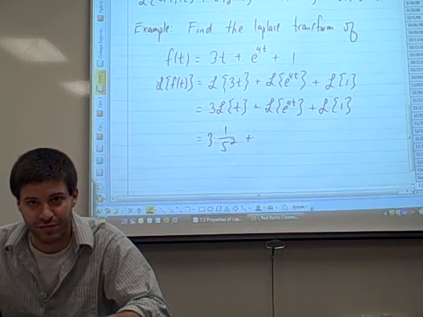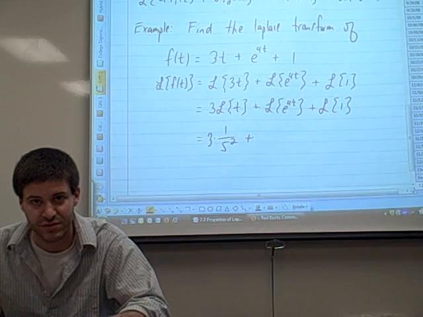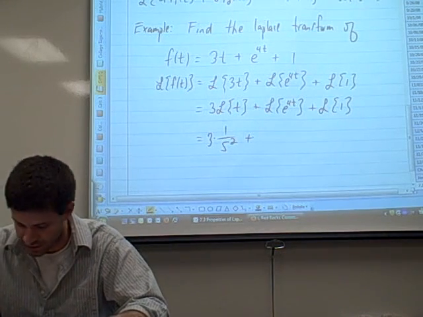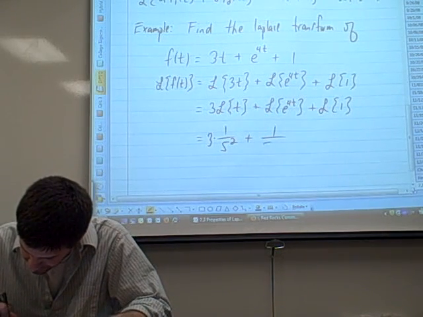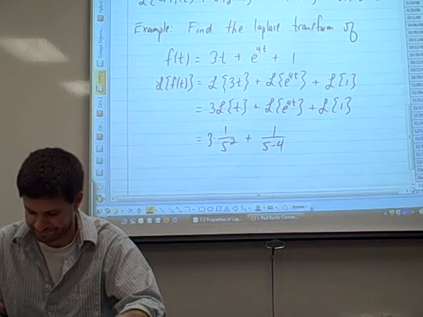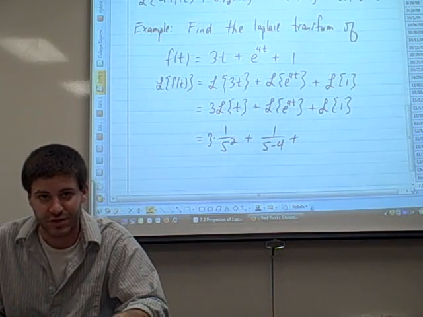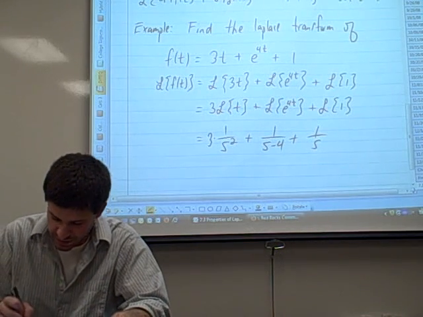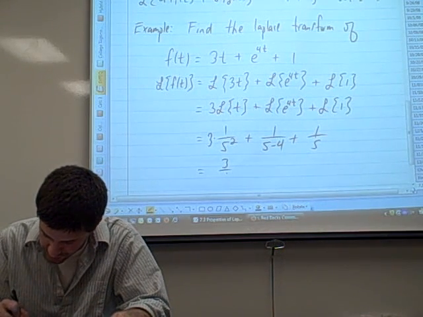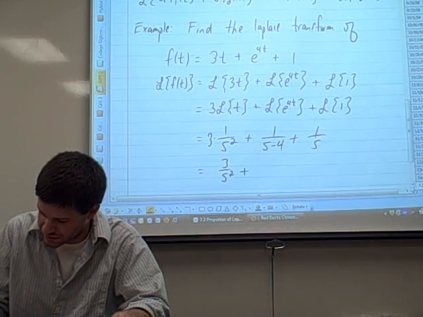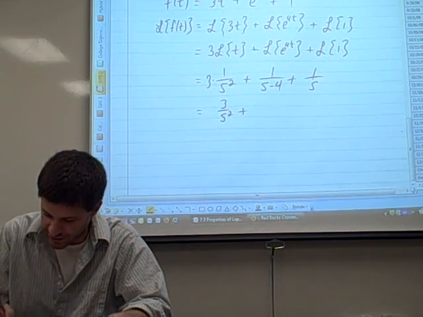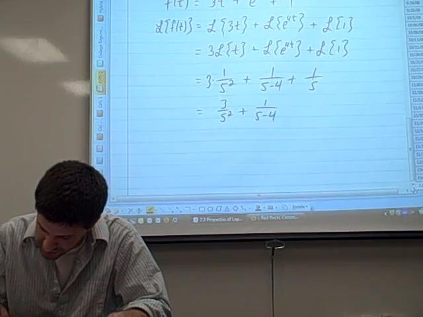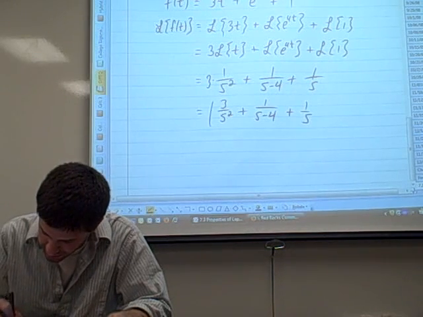Laplace transform of e to the 4t, which is on your list, or it's on the PDF that I provided for you, is going to be 1 over s minus 4. The Laplace transform of 1, we found it previously as well, which is 1 over s. So your final answer, the way that you would write it, say on a test or in the middle of a problem that you were doing using Laplace transforms, would be that right there.